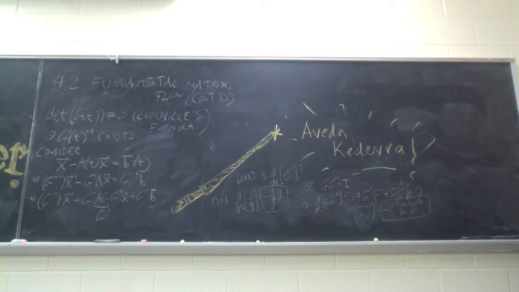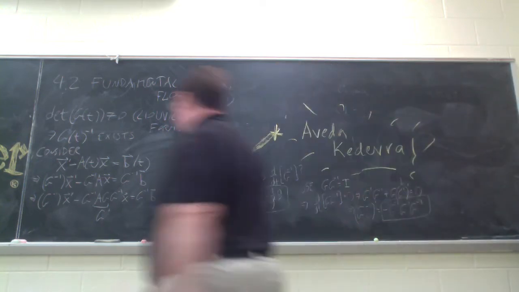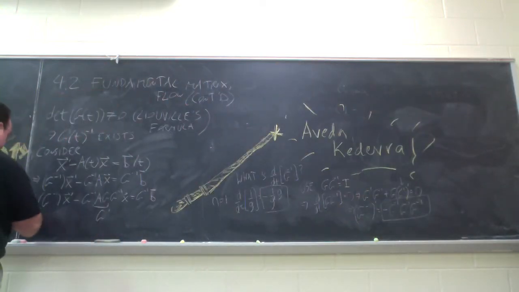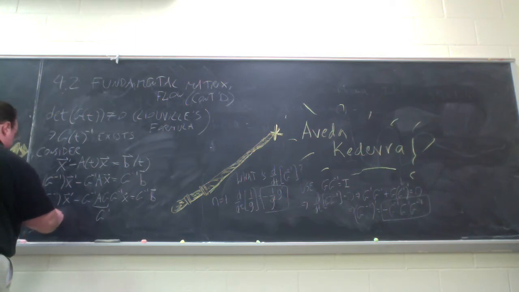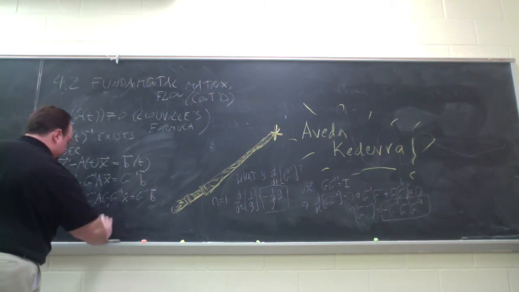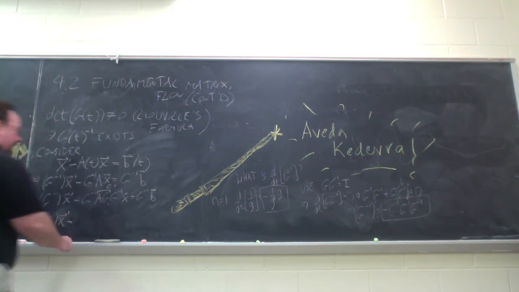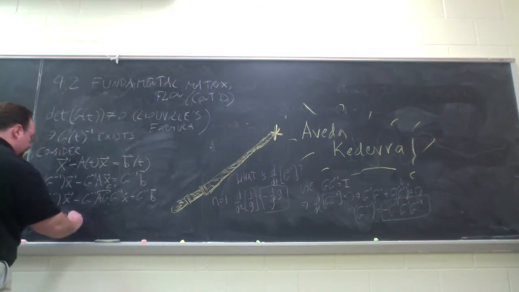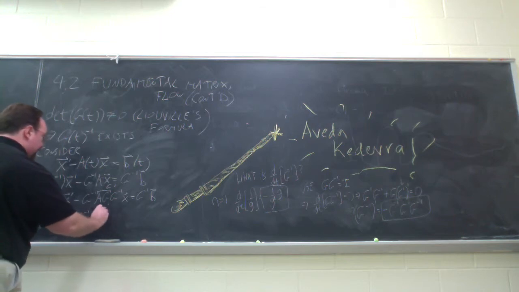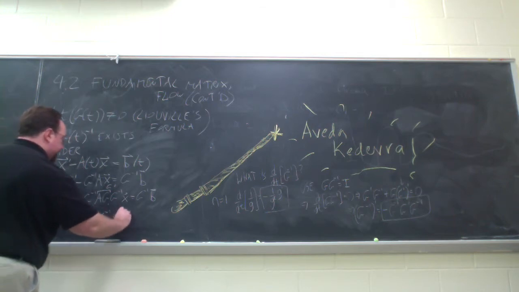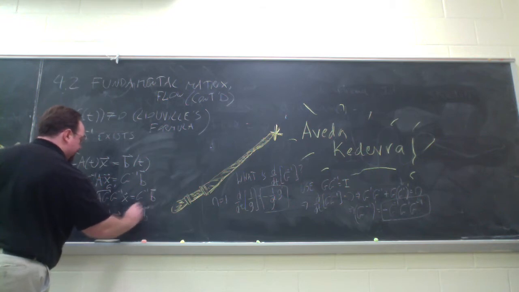All right. So now, if we go back to a formula that we had here, I'm going to rewrite this as g inverse x prime minus, so ag is g prime, minus g inverse g prime g inverse x is equal to g inverse b.